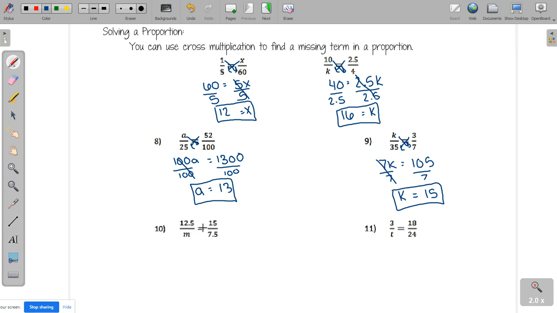Let's check the next one. Cross multiply. 2.5 times 7.5 gives us 93.75. 15 times m is 15m. Divide both sides. Gives us m equal to 6.25.